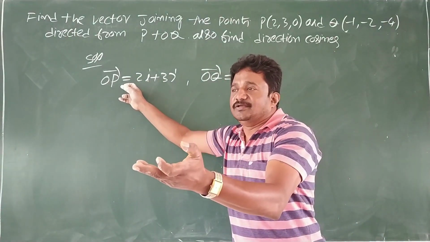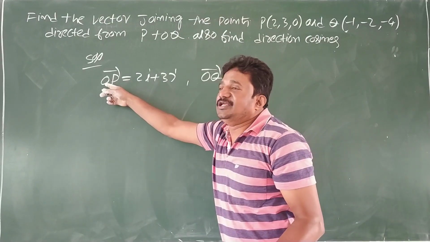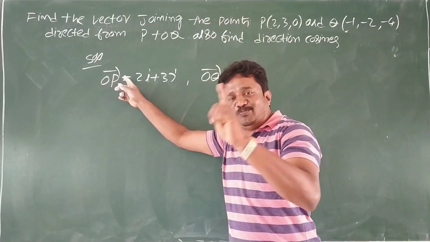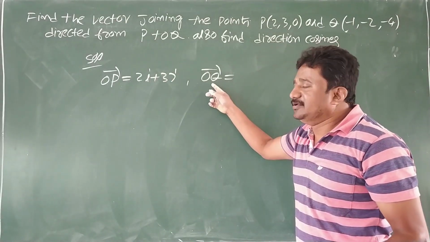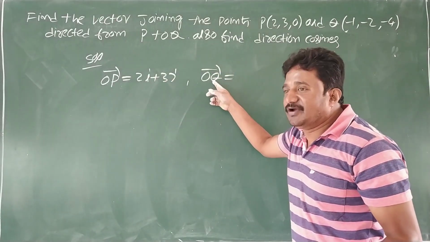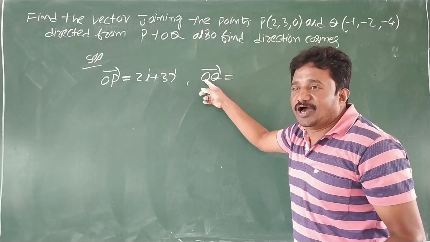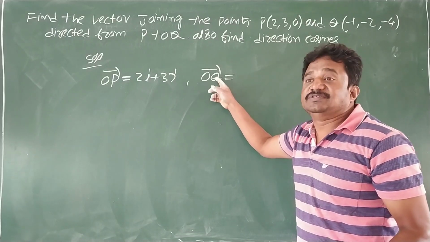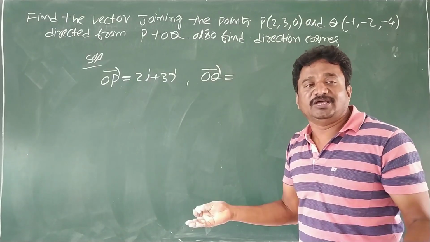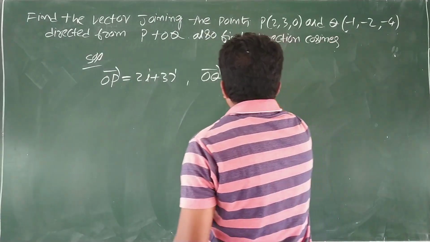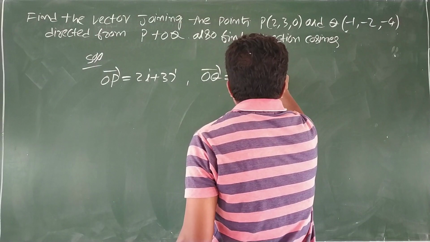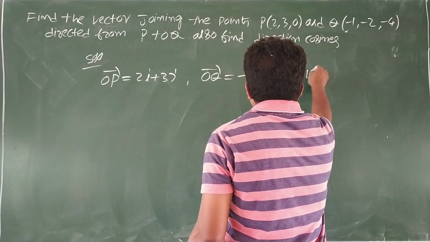A vector whose initial point is O is called a position vector, because it contains the origin O. Tell me vector OQ: minus i, minus 2j, minus 4k.